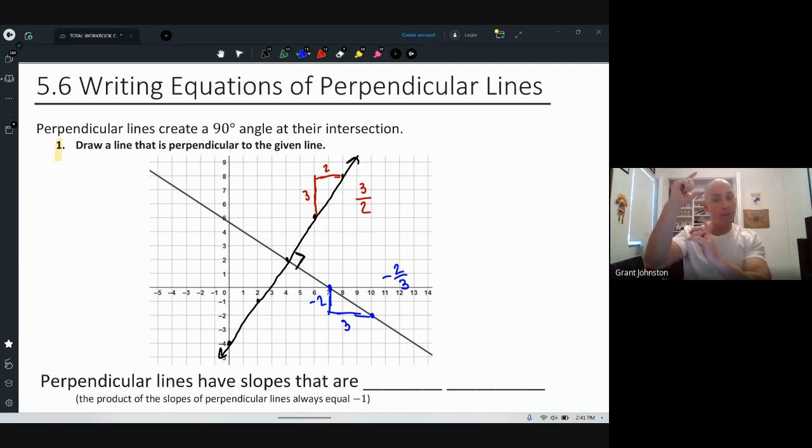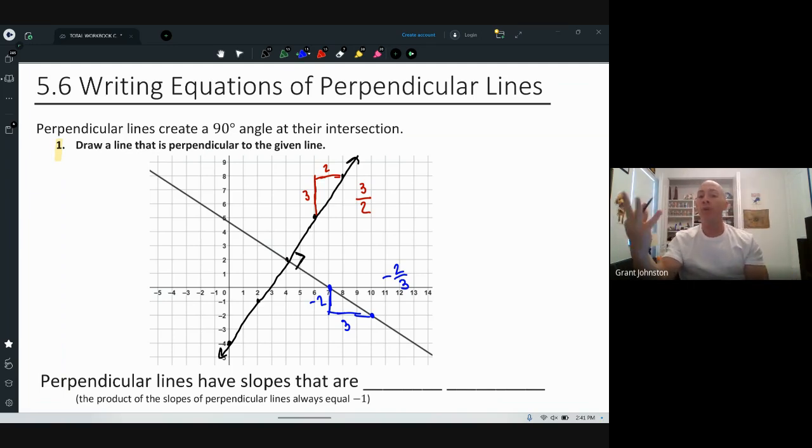If you compare those two slopes, 3/2 compared to -2/3, basically what's happened, if you're trying to write a perpendicular slope, is that it's flipped. 3/2 now is 2/3, and then a negative. So not only did the numerator and the denominator flip, but it changed from positive to negative, or if you're going the other way, from negative to positive.